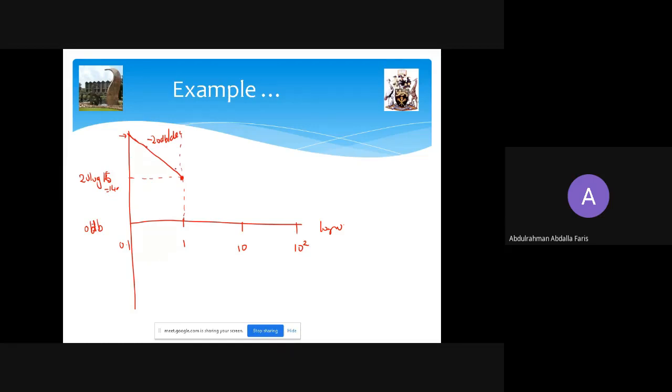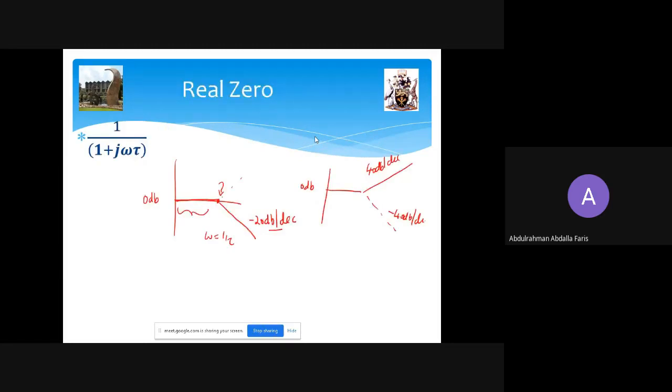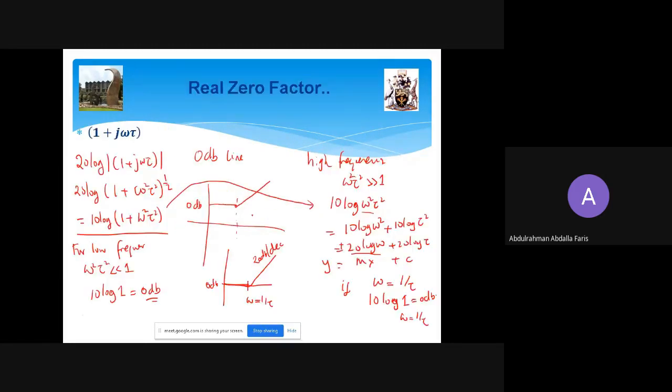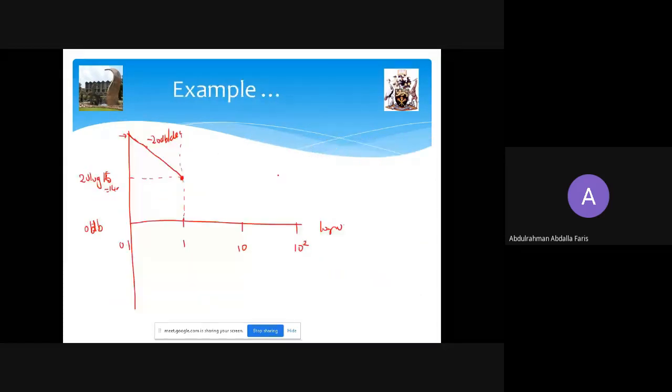So the next corner frequency is this one, right? It's this one due to a real zero, this point. And we know this real zero is 20 dB going up. So at this point we'll have 20 dB going up.